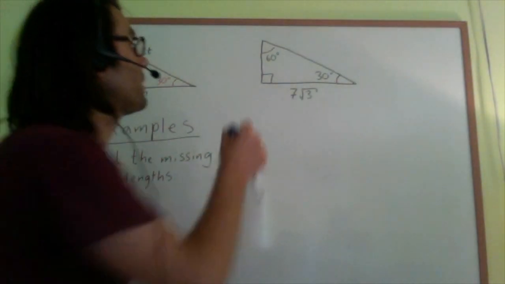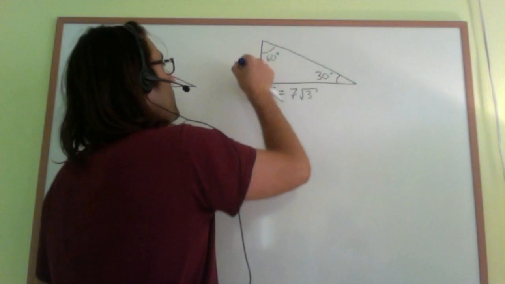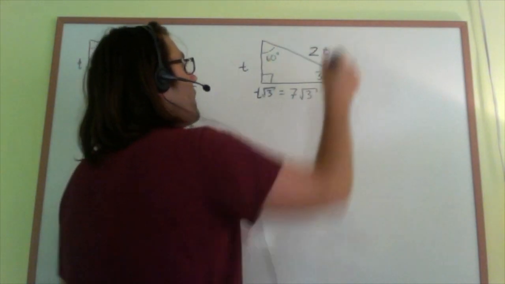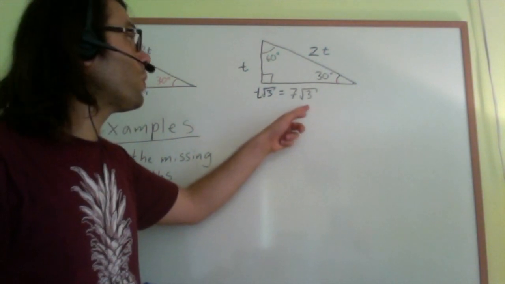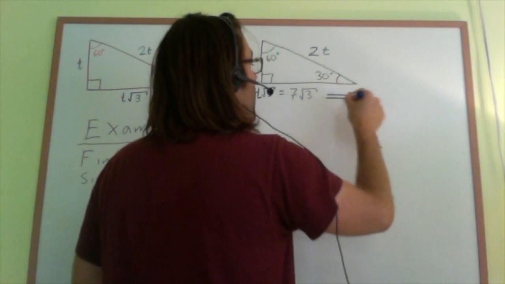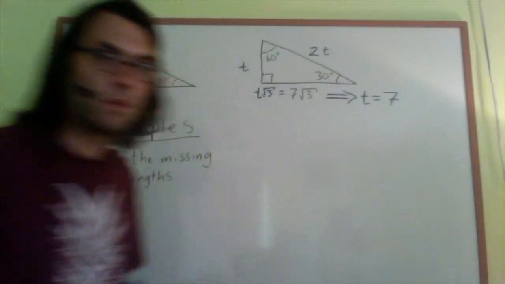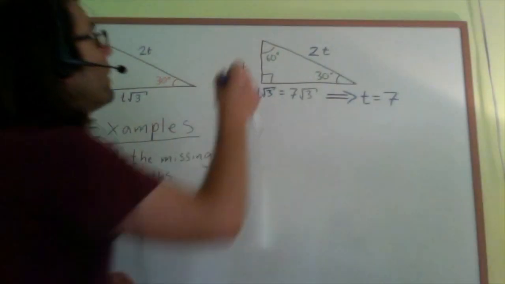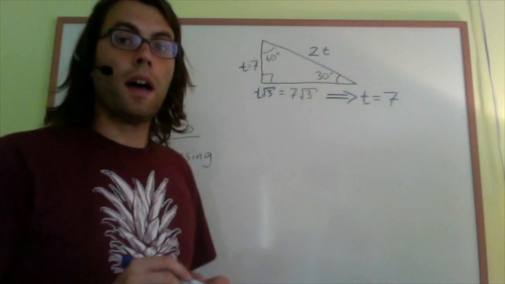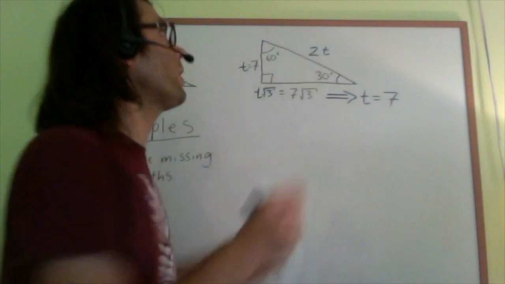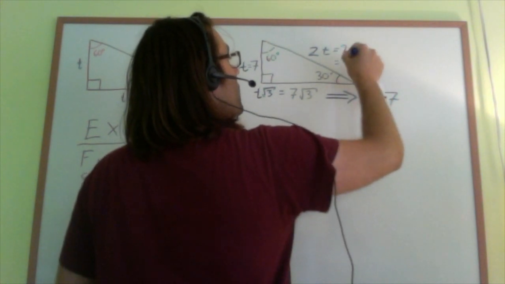That implies here that this is t root 3, this is t, and this is 2t. T root 3 equal to 7 root 3. That implies that t equals 7. Therefore, the side opposite 30 degrees would have length 7, and the side opposite 90, which is the hypotenuse, would have length 2 times 7, which is 14.